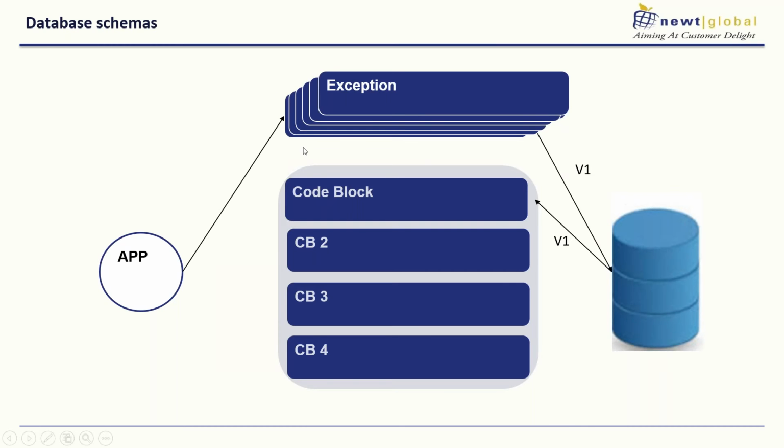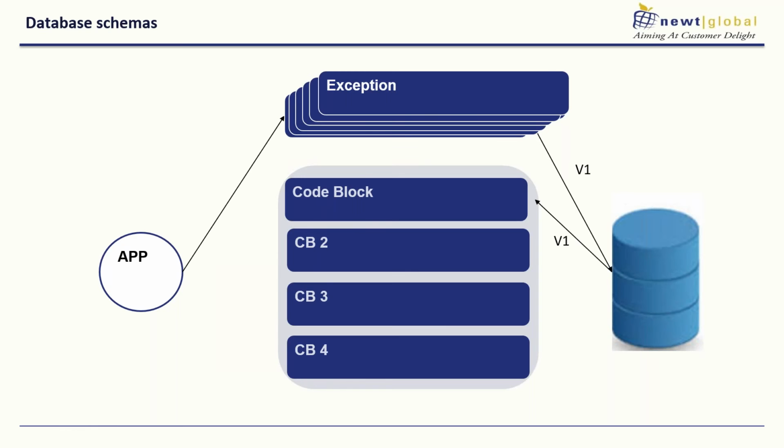Right. So, database schemas. This is another gotcha in the entire microservices development. What typically happens is, I have a version 1 that talks to the database. I have a code block that logs the exception, and that logs the data back into the database module.